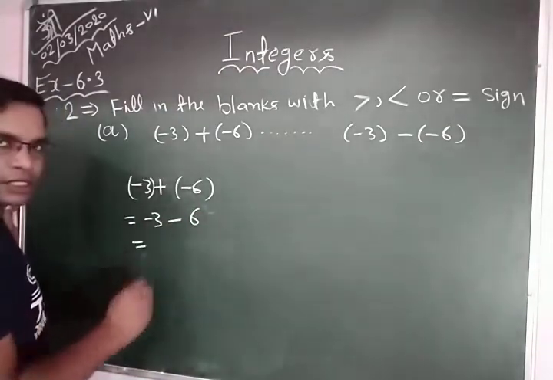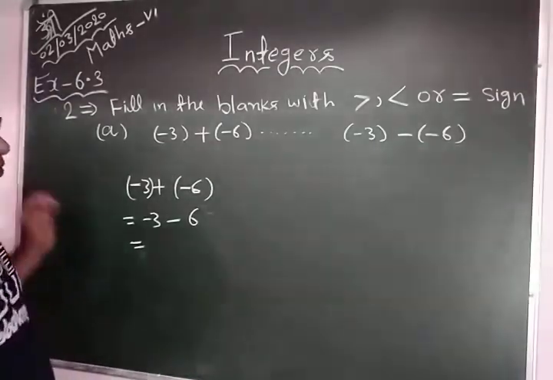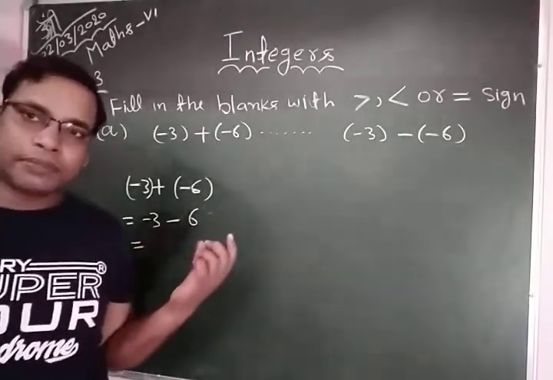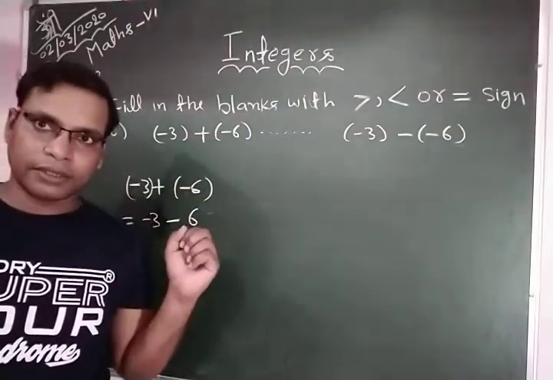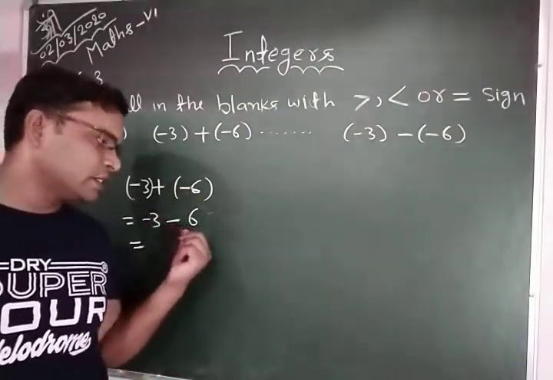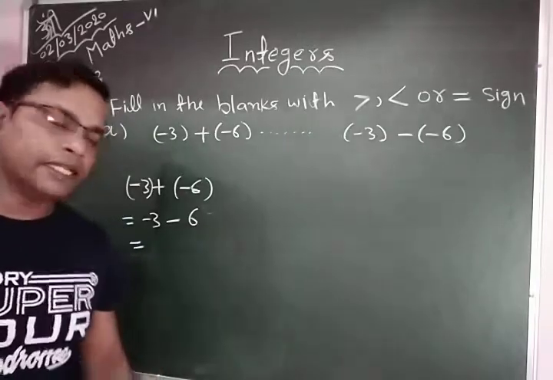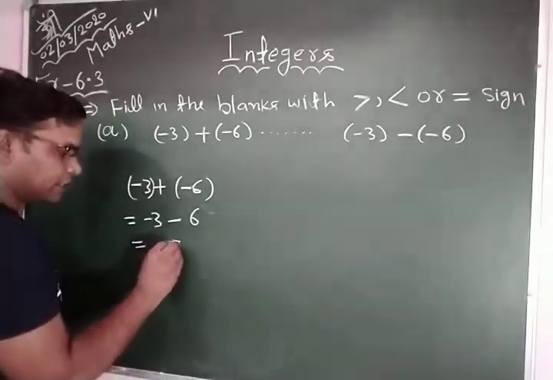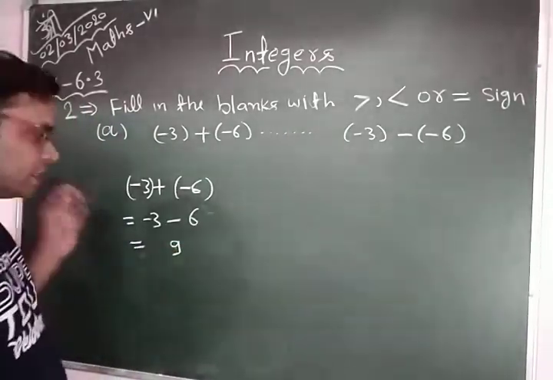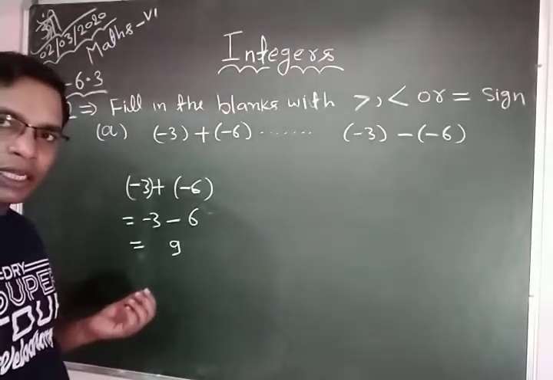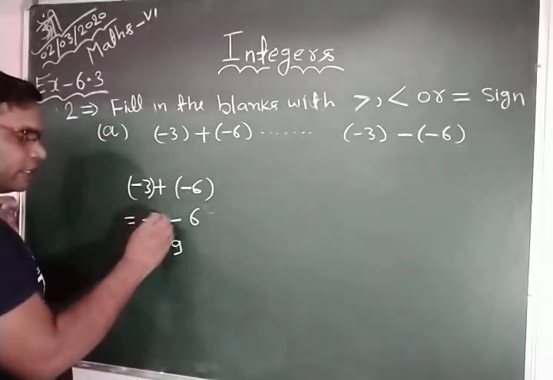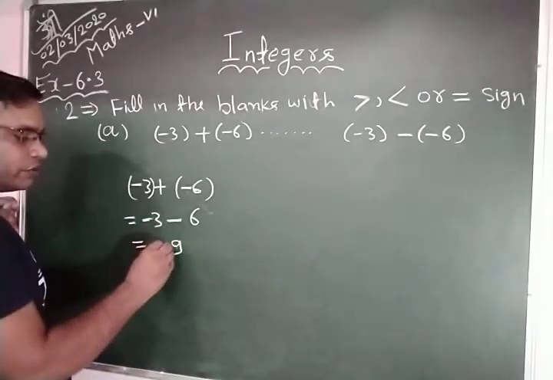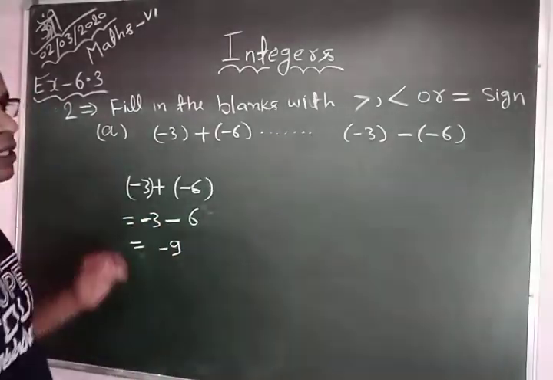Here you can see both integers have the same sign, minus sign. So we can add them. 6 plus 3 is 9. So what is the sign of 9? Since both are minus, minus 3 minus 6, we can write here minus 9.